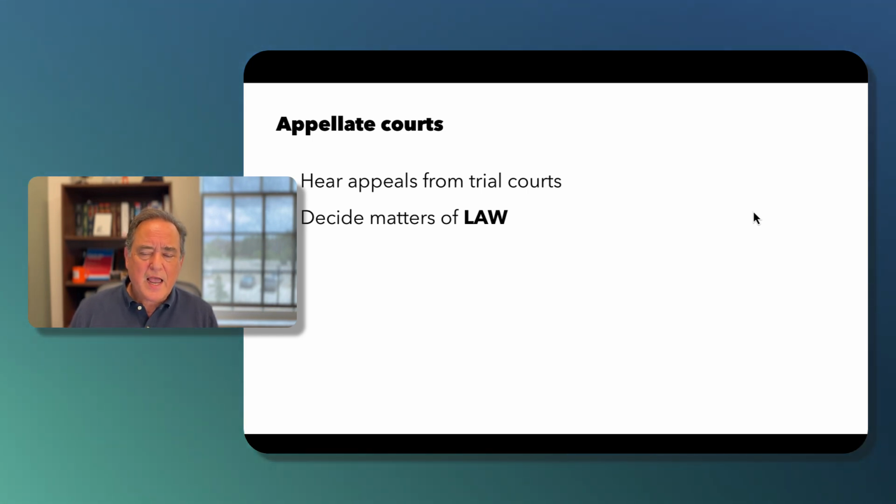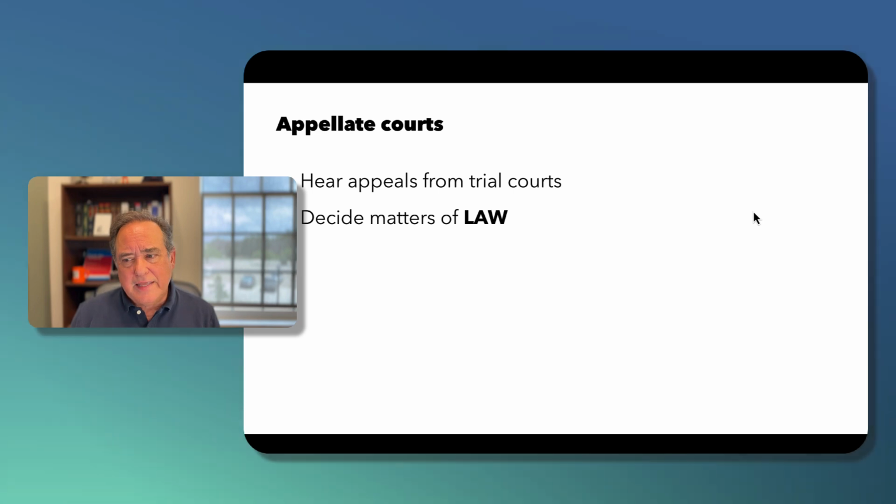So the types of legal issues that are usually addressed are things like, did the judge exclude evidence that should have been admitted? Or did the judge admit evidence that should have been excluded? Or were the judge's instructions to the jury proper?